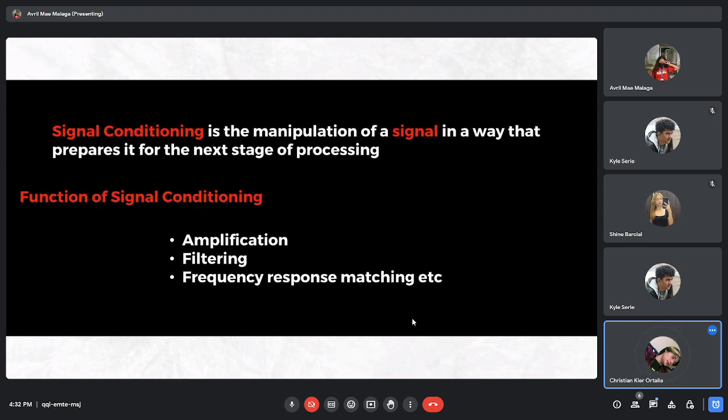Now it needs, as you can see, the functions of signal conditioning: filtering, where it filters out unwanted signal, amplification, where it amplifies, and then frequency matching of the signal.